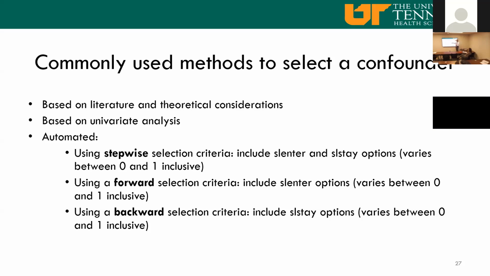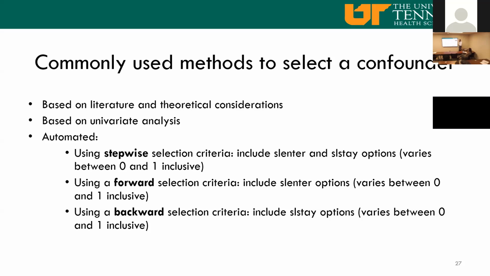In SAS, you would include selection as an option on the model statement, and enter SLENTER and SLSTAY options. These stand for p-values, and vary between 0 and 1 inclusive.